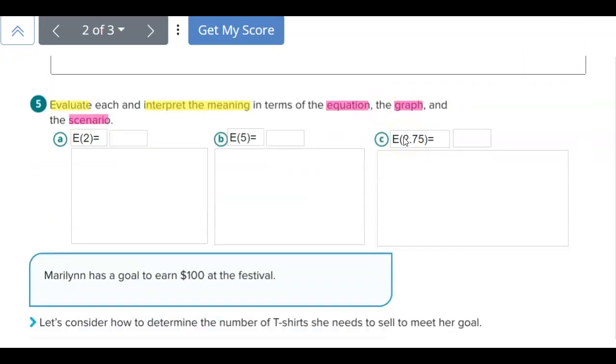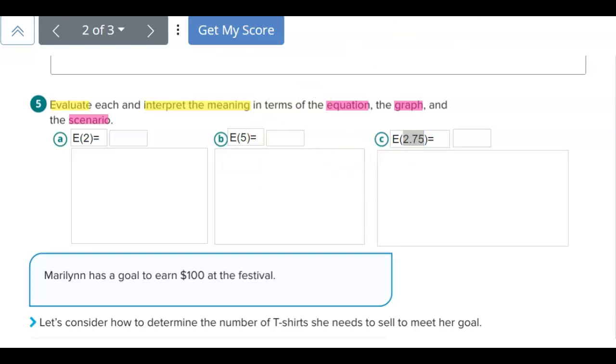All right, so I think you're going to enjoy this next part. Down here, when it says evaluate, you've done it before. You're just substituting these numbers that are given, 2, 5, and 2.75, into the equation that you wrote before.